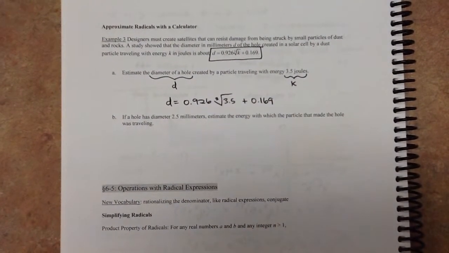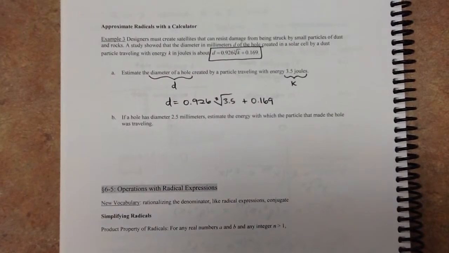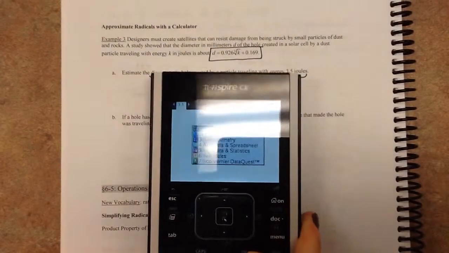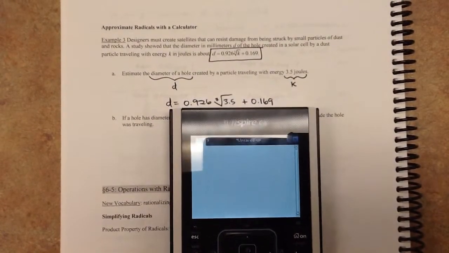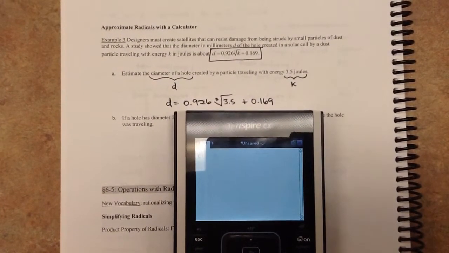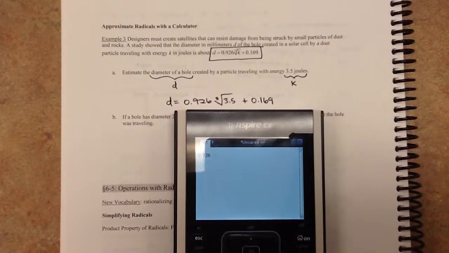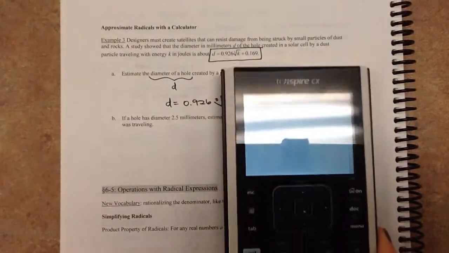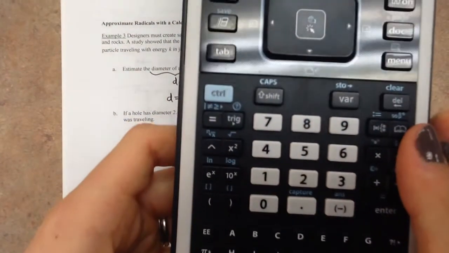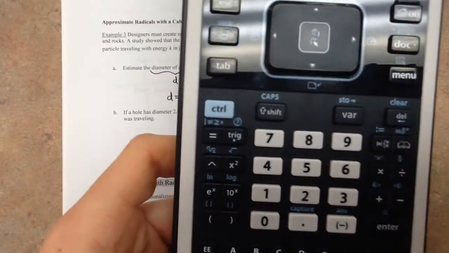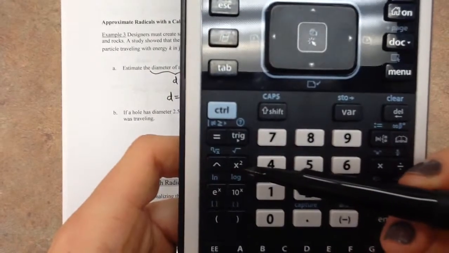Okay, so let me show you. If we do just a calculator page like this, if you type in 0.926, so that's the beginning, and then times, now here's where your square root and everything, these buttons are right here. Can you see next to the 4, there's the square root in blue.